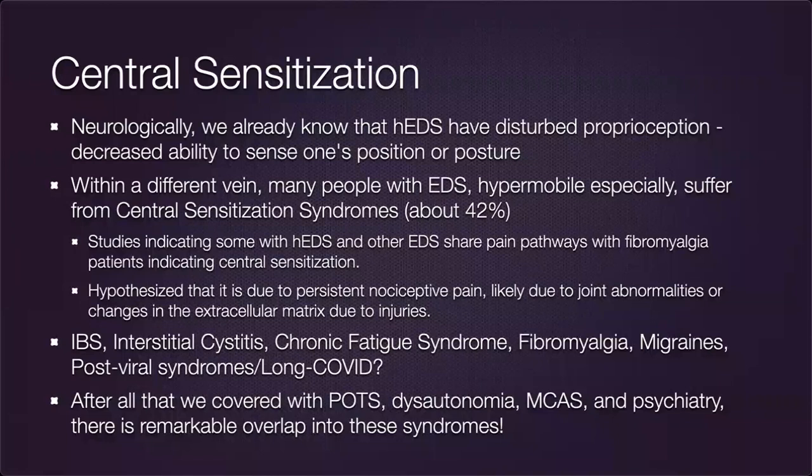So as you saw, a lot of the conditions that are associated with mast cell are also associated with chronic central sensitization, including long COVID, as a very good question at the beginning that we already answered. And when you look at all the other things we were talking about, POTS, dysautonomia, MCAS, and the psychological side of it, and you put them all together, it's really not a big surprise that these conditions all go together.